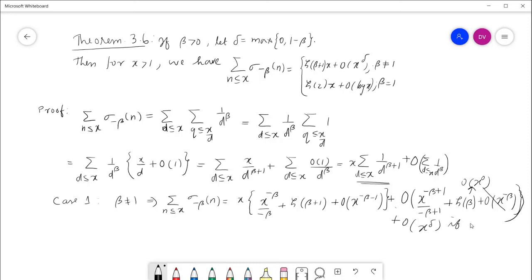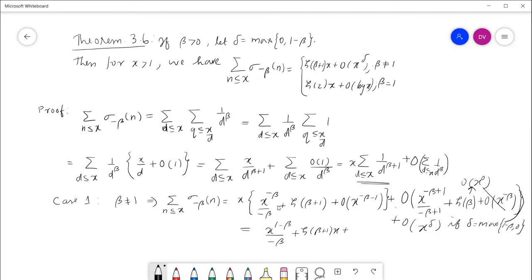Okay, and this will be equal to x times x raised to minus beta, which is x raised to 1 minus beta divided by 1 minus beta, and the second term will be zeta of beta plus 1 times x, plus the third term will be x times O of this, that is O of x into this term. So we can cancel one x from this, then this will be O of x raised to minus beta. Then again consider all these.